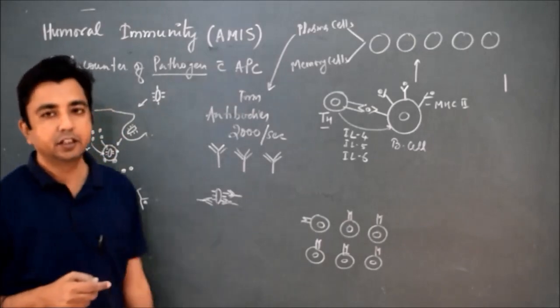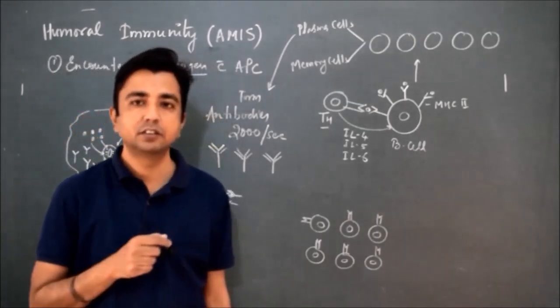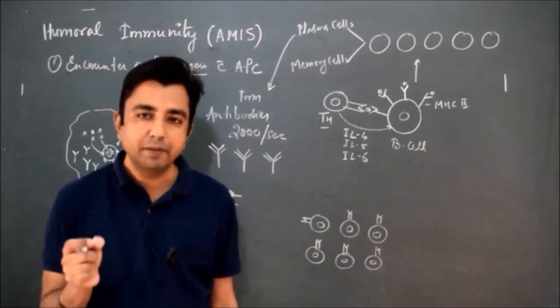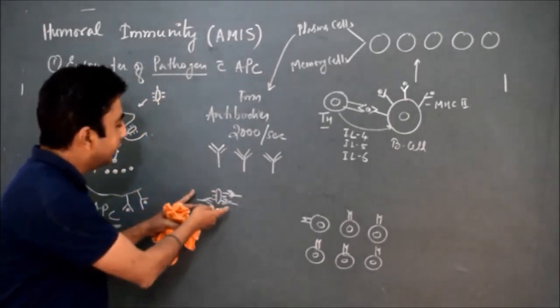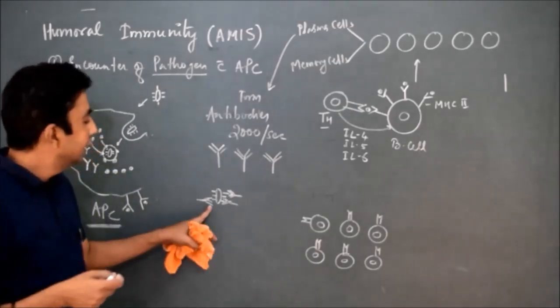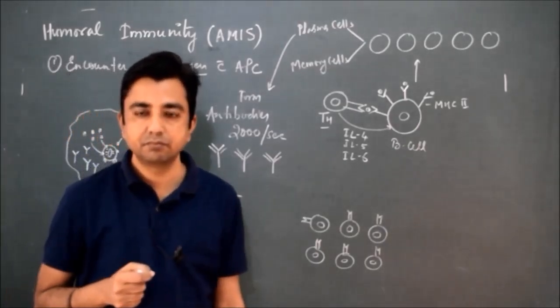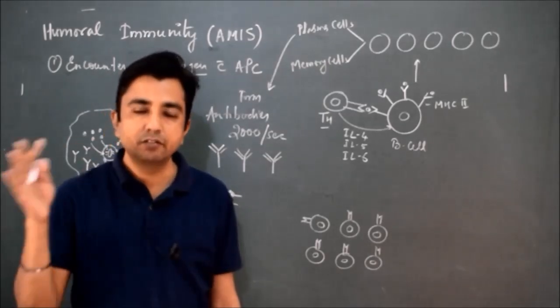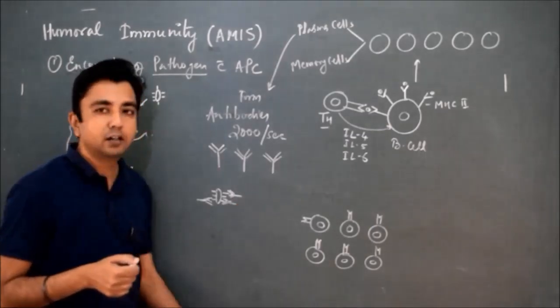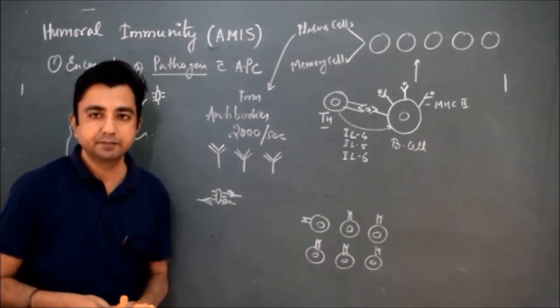Once this bacteria is immobilized, the NK cells or the macrophages will eat this pathogen easily because it is not circulating with the flow of the blood; it is bonded with the antibodies from all the sides.